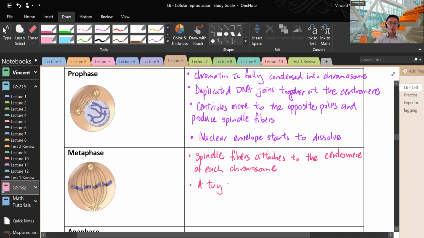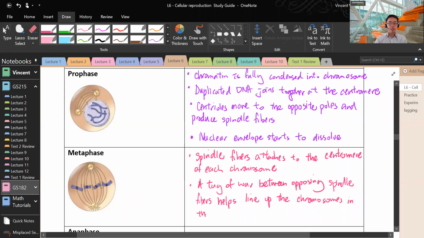A tug of war between opposing spindle fibers helps line up the chromosomes in the middle of the cell.